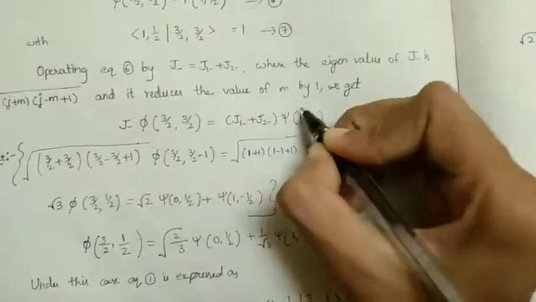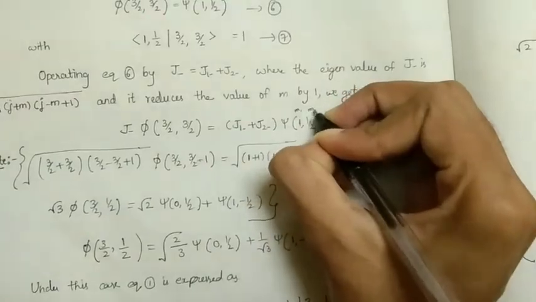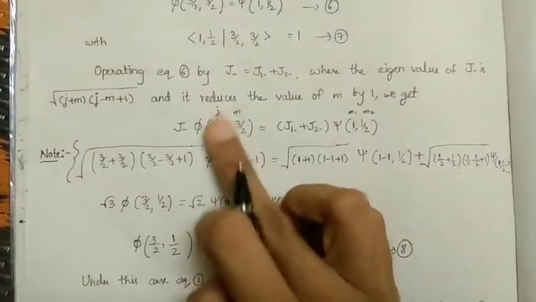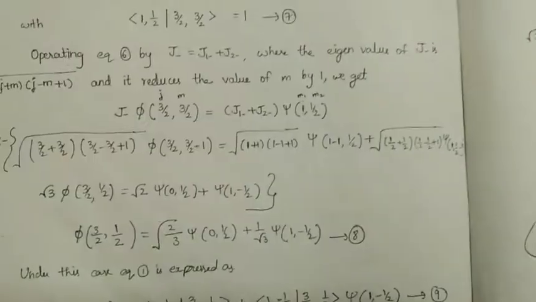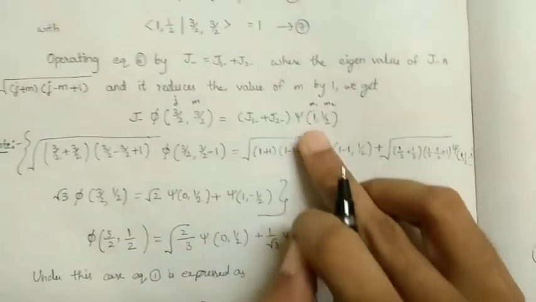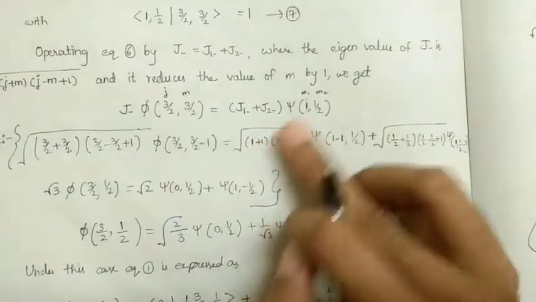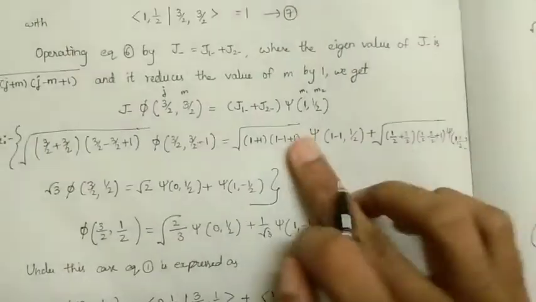Actually this is m1 and this is m2, but this is j, this is m. So if we want jm values, we can find them only on the left hand side. But on the right hand side, one of the things is given in the question and one of the things would remain here. So j1 is 1 and m1 is 1. So j1 minus m1, 1 minus 1 plus 1, square root.